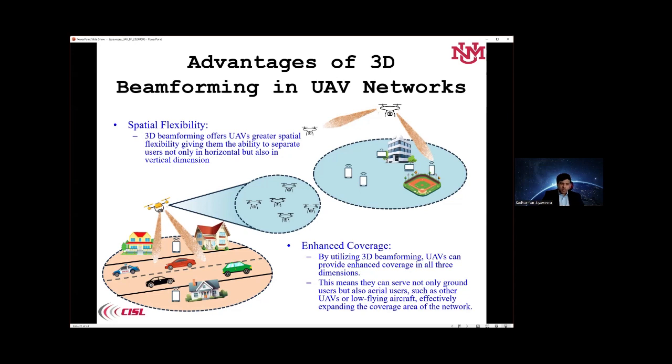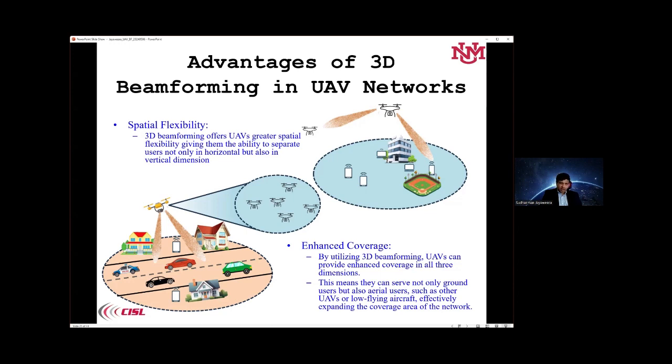The spatial flexibility essentially goes back to the ability of 3D beamforming to point the beams in both elevation and azimuth directions, which allows the UAV to serve not only the users that are separated on the ground plane, but also in the vertical direction, such as other UAVs, as well as even pointing the signals toward the LEO satellites.